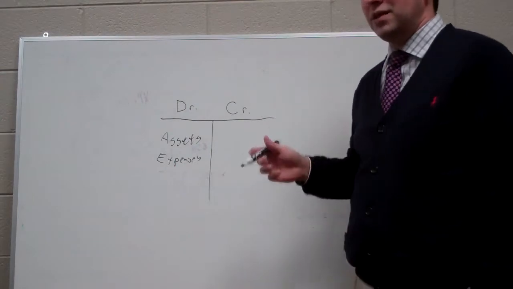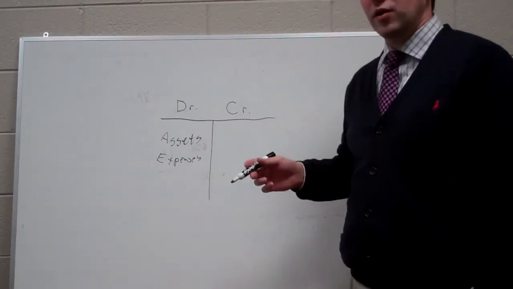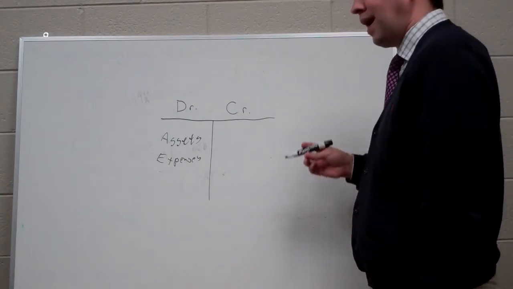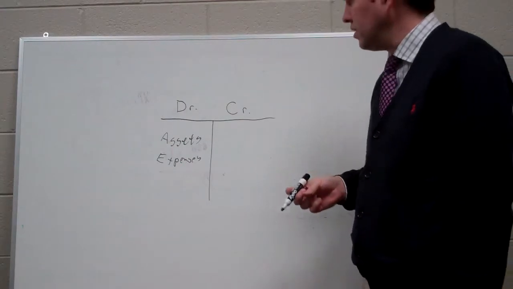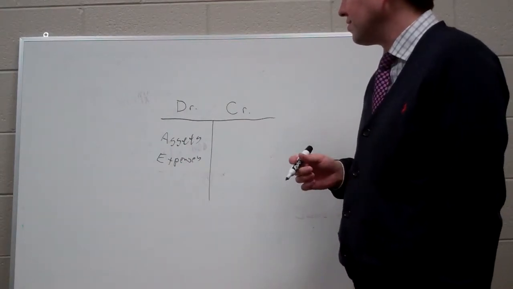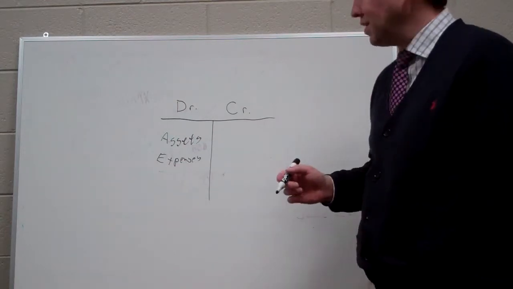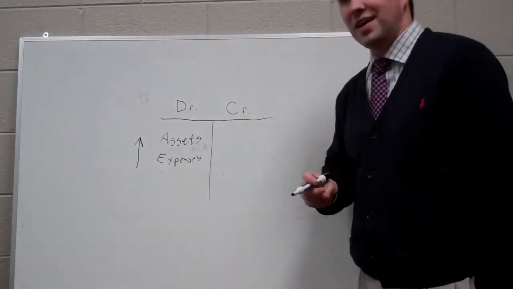When we pay the power bill, we pay our phone bill, when we pay our employees, we debit accounts like salary expense, wage expense, utilities expense, telephone expense, because assets and expenses increase on the debit side.